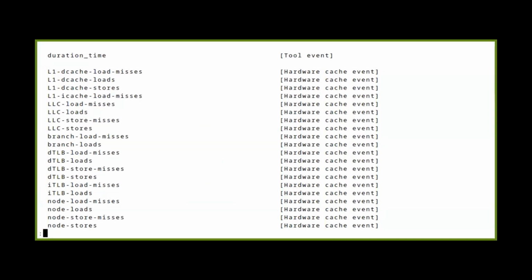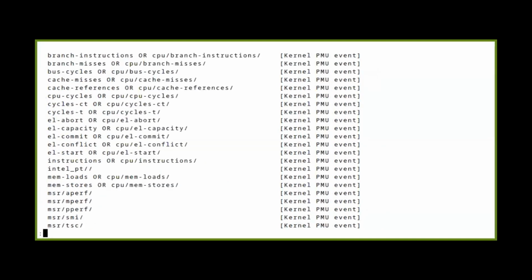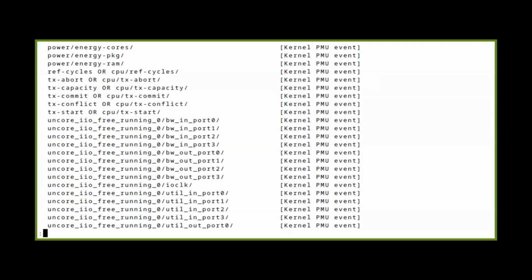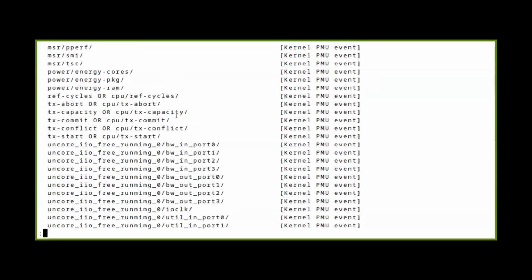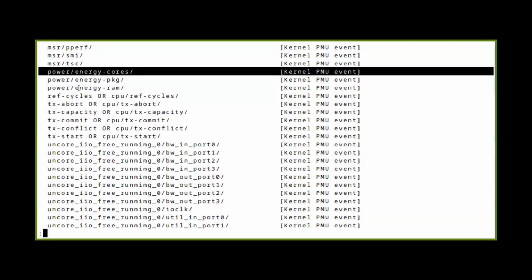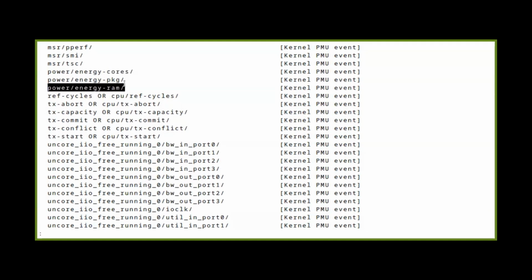The cache misses, maybe you're interested in tuning your code based on cache misses, but there are all sorts of other things. Interestingly enough, this does mention power, cores, package, and RAM. I haven't experimented enough to make sense of it, but let's just see what it does.